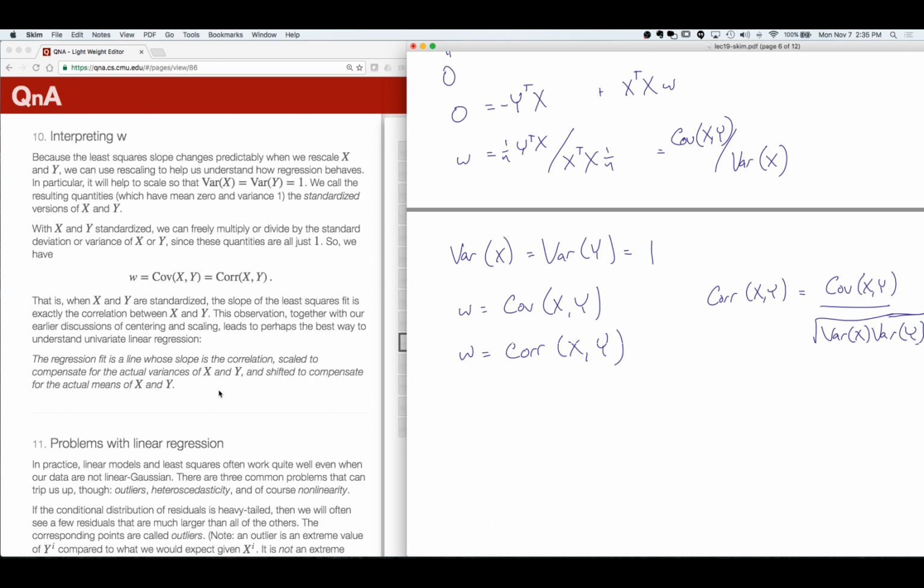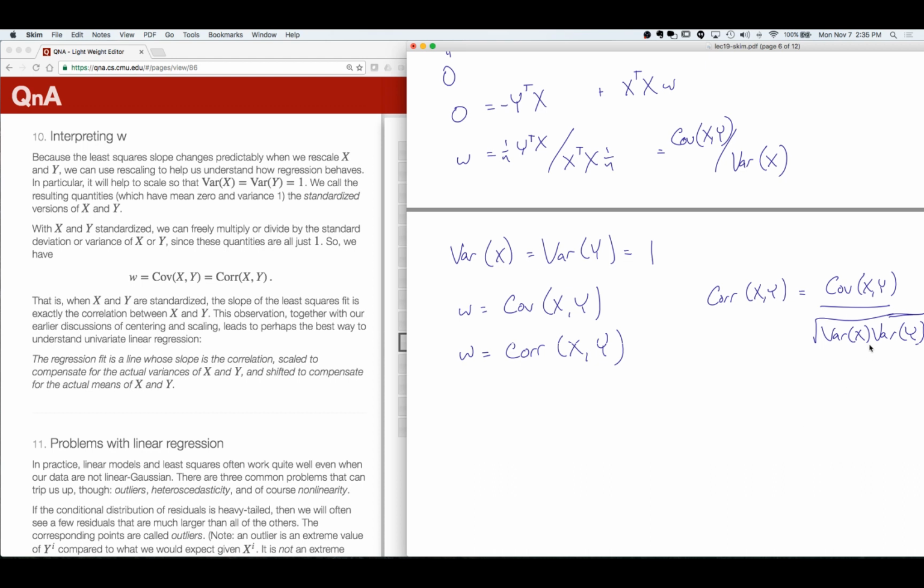Covariance tells you both something about how x and y depend on each other and how large x and y are, right? So you can make the covariance larger by scaling up either x or y. Correlation corrects for the scale of x and y, right? It takes the covariance and divides by the square root of the product of the variances.